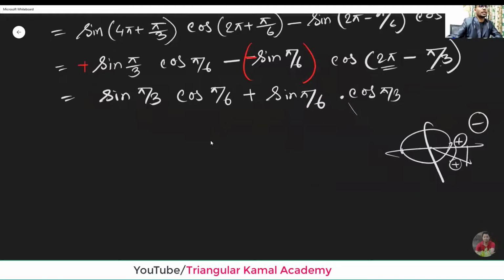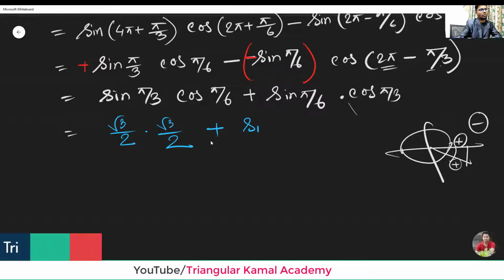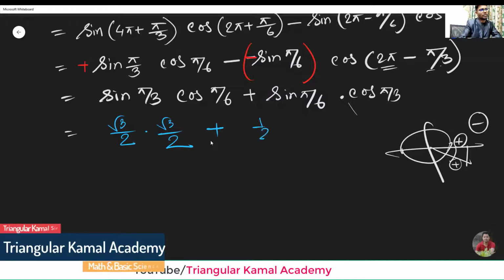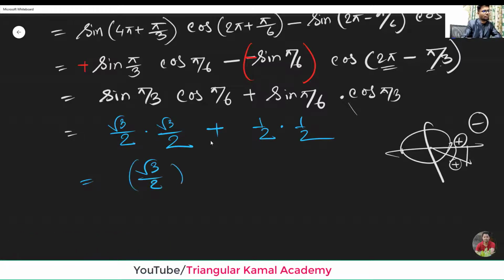Now put the values here. First, sine pi by 3 is root 3 divided by 2. Cos pi by 3 means root 3 divided by 2, plus sine 30 degree, which is 1 by 2, multiplied by 1 by 2. Again, if we do the simplification, root 3 divided by 2 whole squared plus 1 by 4.